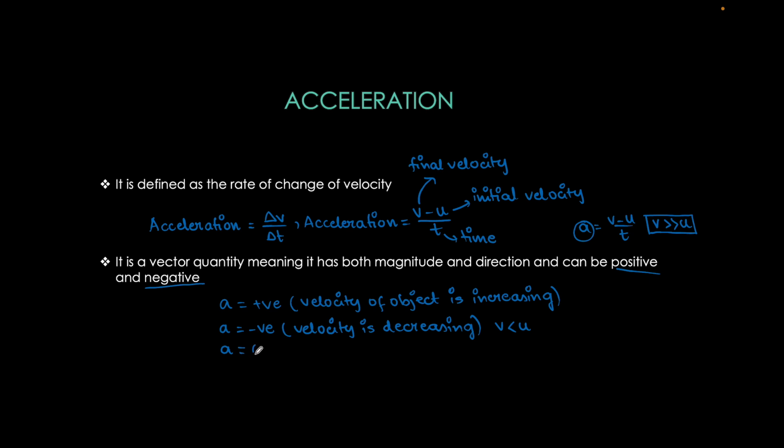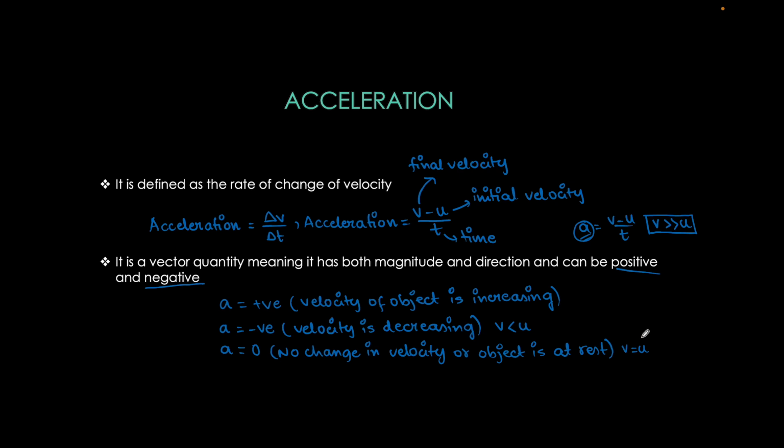And there is another case where acceleration is 0. So no change in velocity, or the object is at rest. If acceleration is 0, for this quantity to be 0, we either have to put v equal to u, meaning that the final velocity and initial velocity are the same.